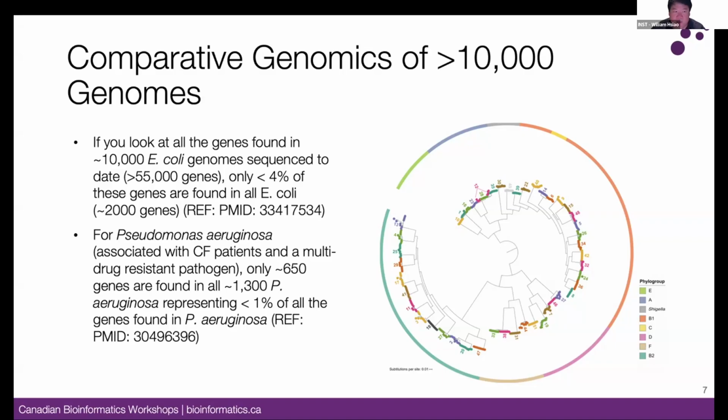So this represents less than 1% of all the genes found in Pseudomonas aeruginosa. The actual references are listed here. So as you can see, most of you have underestimated the diversity of these bacteria.